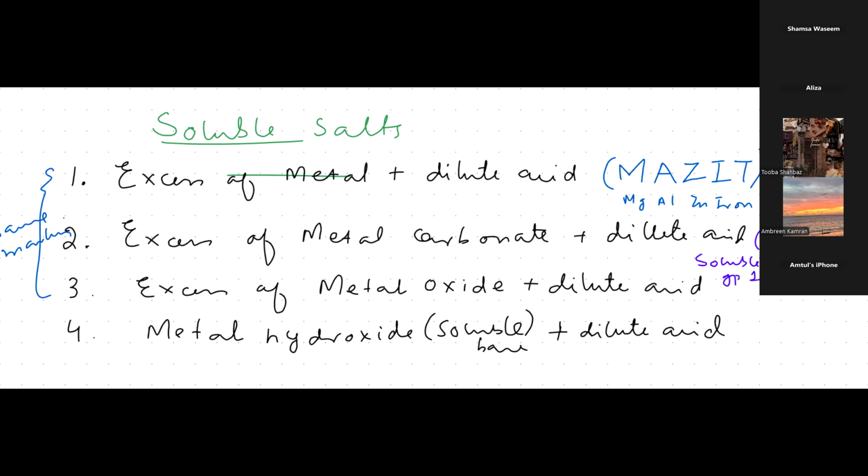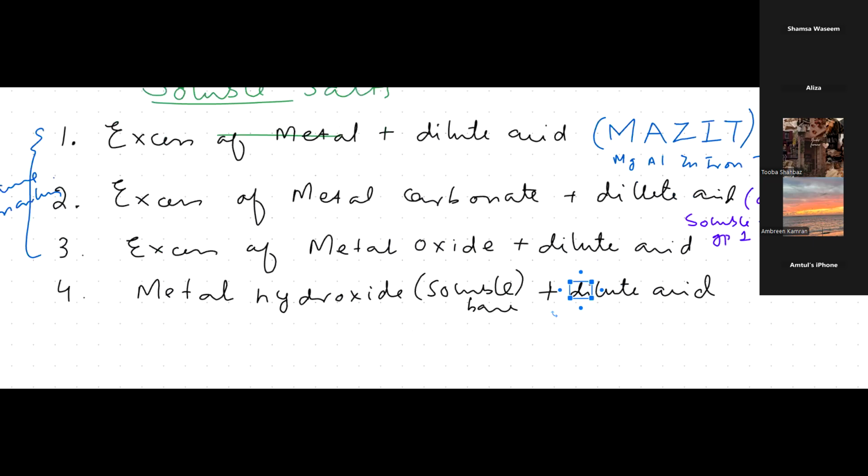Then a third method is used, use of excess of metal oxide and dilute acid. This method could be used for making silver, lead and copper salts. Again repeating, excess of metal oxide plus dilute acid can be used to make silver salts, lead salts and copper salts. Okay?